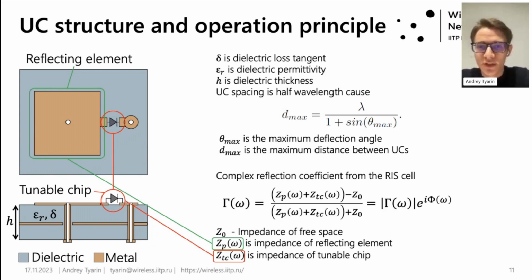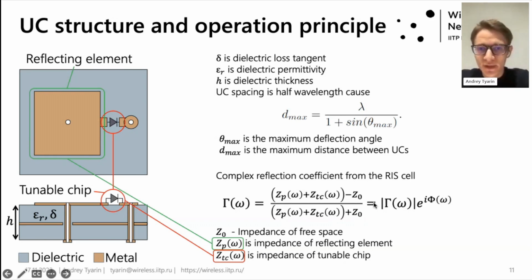with circular frequency omega. The complex reflection coefficient gamma of the UC is defined by its input impedance and the free space impedance Z0, which approximately equals 377 ohm, the following way.